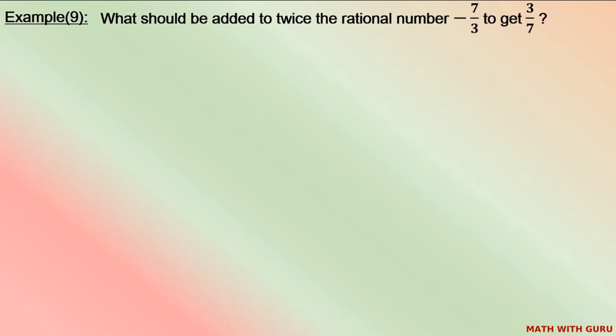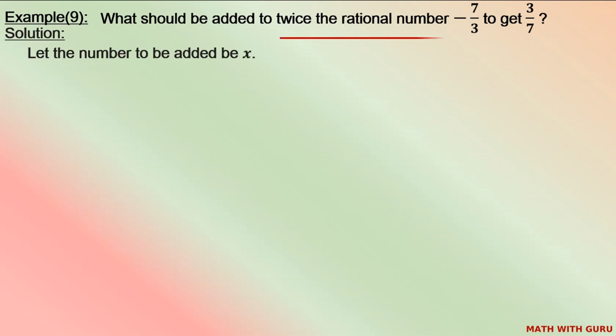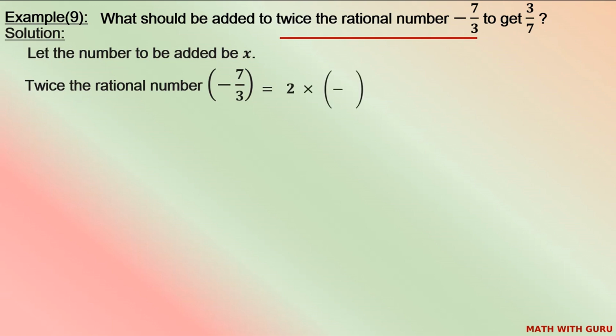Example 9. What should be added to twice the rational number minus 7/3 to get 3/7? Now, let the number to be added be x. Twice the rational number minus 7/3 means 2 into minus 7/3. 2 can be written as 2/1. 2 sevens are 14, 1 three is 3. Plus into minus is minus.